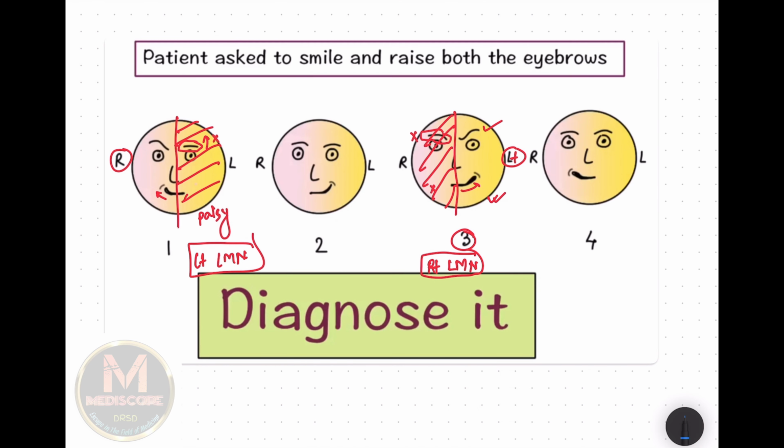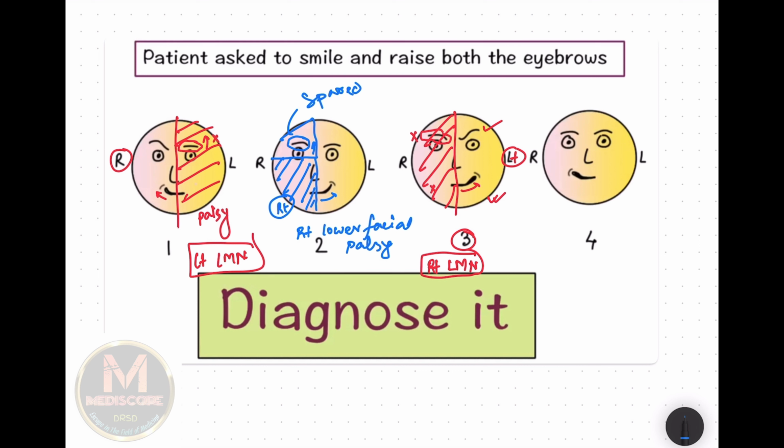Here you can simplify that the angle of mouth is deviated to the left side. That means the right side is the site of palsy or weakness. Now you see that the patient can elevate the eyebrows. So that means the upper portion of this face is spared. That means it is just the right lower face that is involved. So right lower facial palsy.